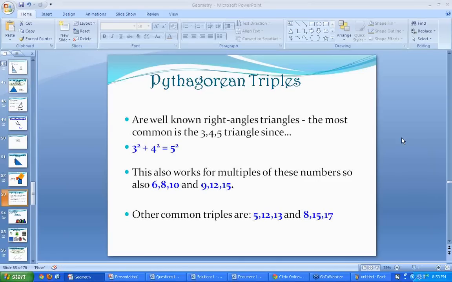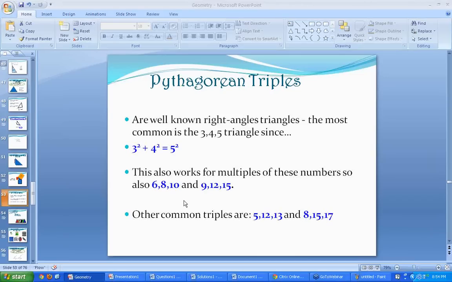Why will they form it? Because we know that in an equation, if you multiply both the sides by a definite number, the equation does not change, right? So if you multiply the above equation, 3 square plus 4 square is equal to 5 square, by 2, it will be 6 square plus 8 square is equal to 10 square.